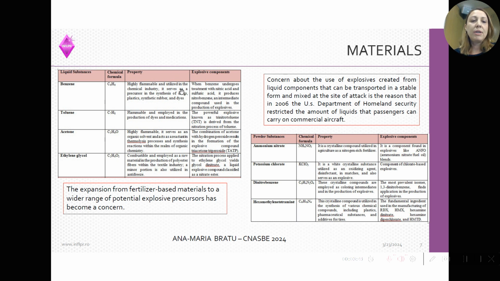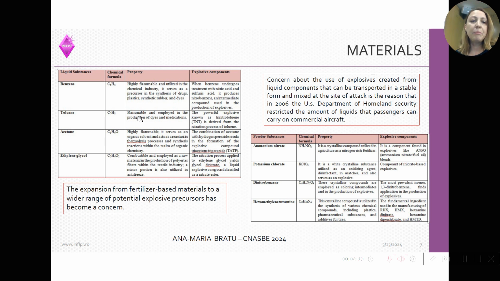Benzene, toluene, acetone, and ethylene glycol are solutions that are flammable, but they are not directly explosive. But when they are mixed with other substances, they can help to the production of improvised explosive devices.